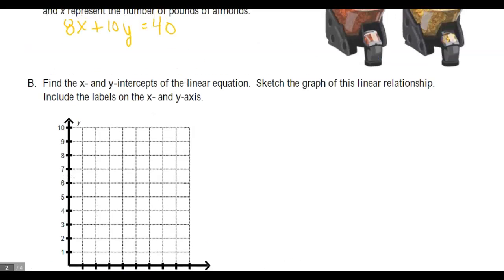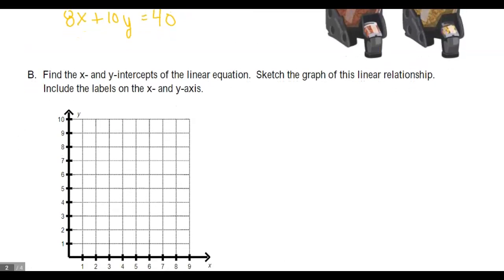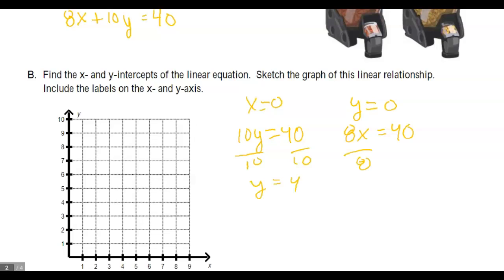This time they actually graphed it out for us. So remember, we're going to do our work here. X equals 0, y equals 0. When x equals 0, 10y equals 40. When y equals 0, 8x equals 40. Quick divide by 10 here gives me y equals 4, and a quick divide by 8 over here gives me x equals 5.